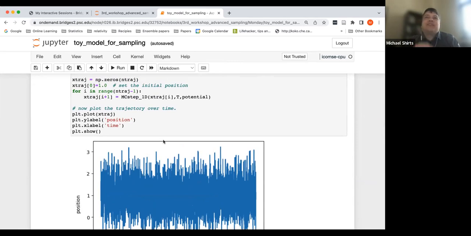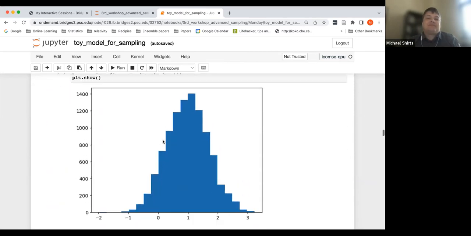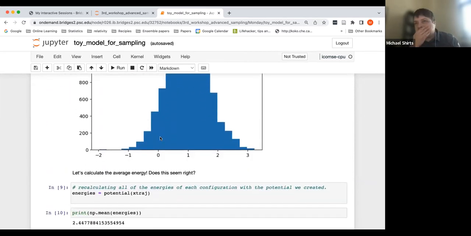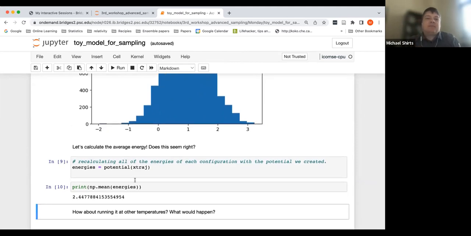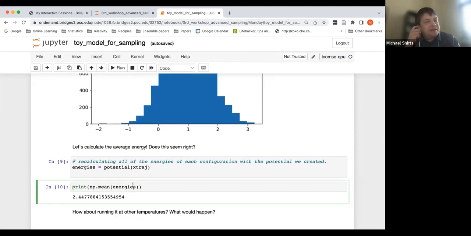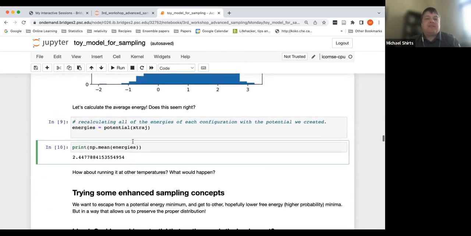Try running at a different temperature and see if the mean energy makes it go over. You can post in the Google Doc what temperatures you're seeing, what temperature you need to run at to actually make it to the minima and spend more time there.